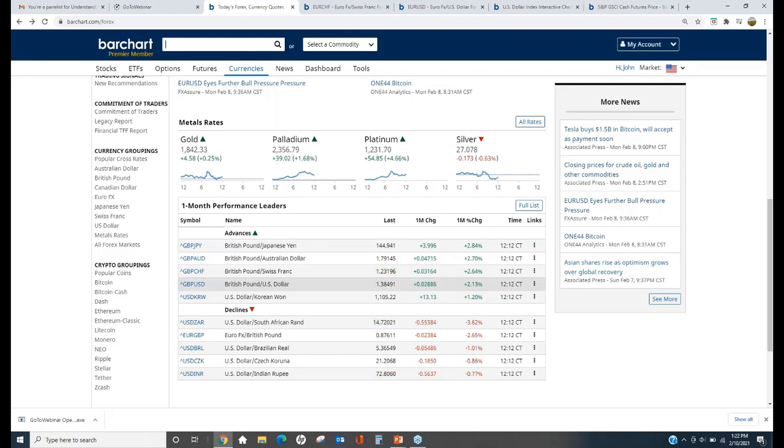And then under the declines, notice that we do see the US dollar is declining against some of these lesser currencies. I'm not saying lesser in terms of the economy. It's just that they're not actively trading. So you can get some trading ideas from that as well.